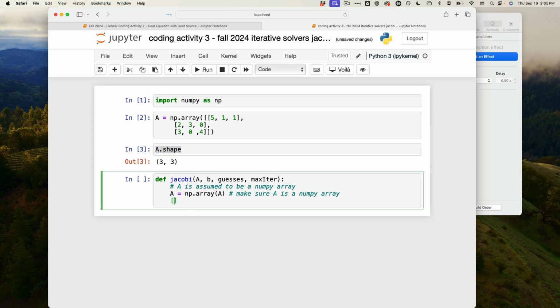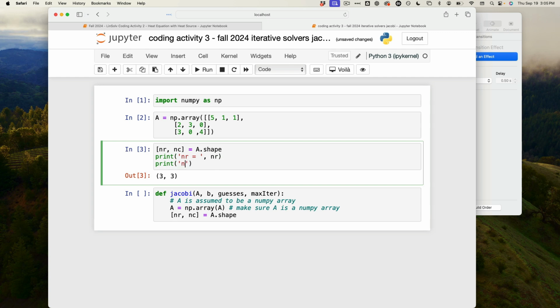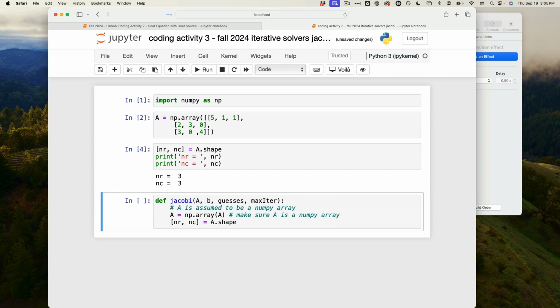I'm going to do nr, nc is equal to A.shape. Then print nr is equal to, nc is equal to, it is 3 and 3 indeed. So doing it this way is going to give us number of rows and number of columns.